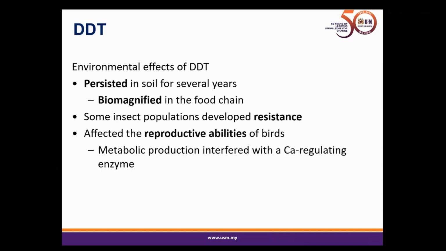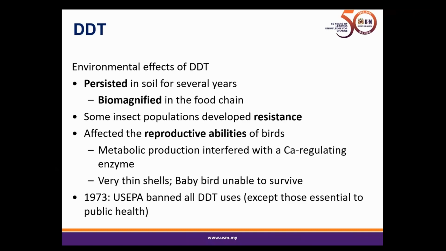Because it interferes with the calcium regulating enzyme. So once the DDT enters the body of birds, they produce a very thin shell. The eggs they produce have a very thin shell which can easily crack. So it makes it difficult for the birds to reproduce.